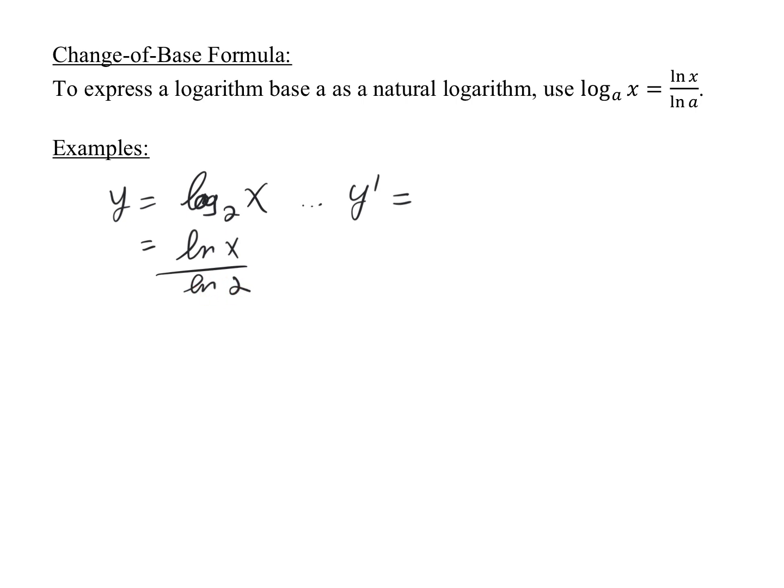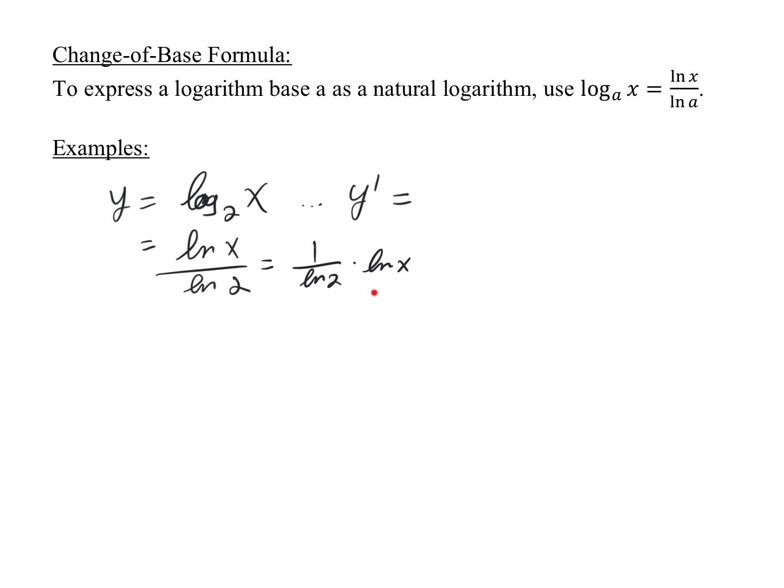If you put it in your calculator, natural log of 2 is just some non-ending decimal, but it's a constant. So what do we have? We really have 1 over the natural log of 2 times natural log of x, if you want to think about it that way.